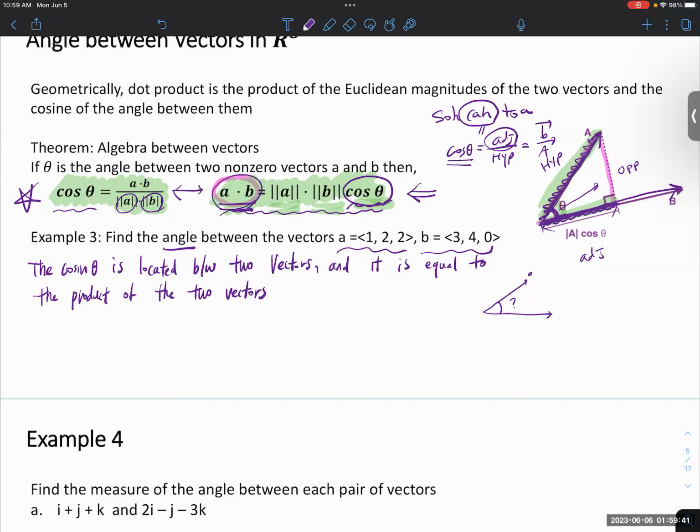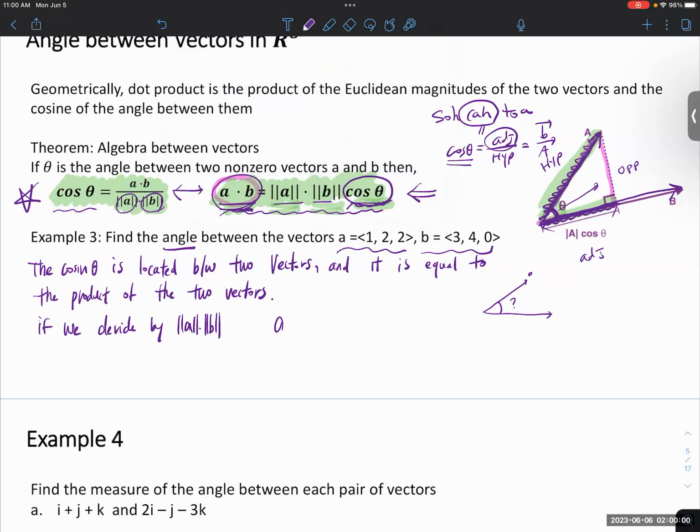So a dot b is each magnitude times cosine of the angle, that's the dot product. And then we divide by the a magnitude times the b magnitude from this equation.